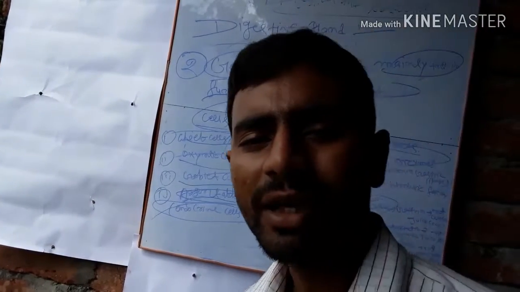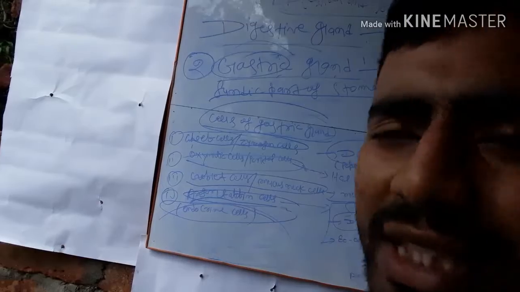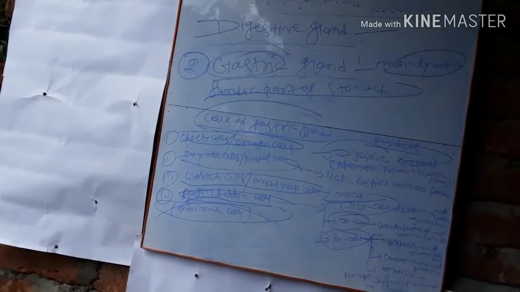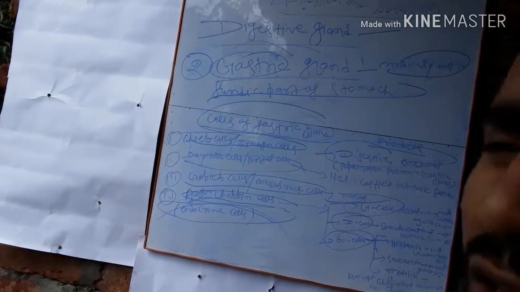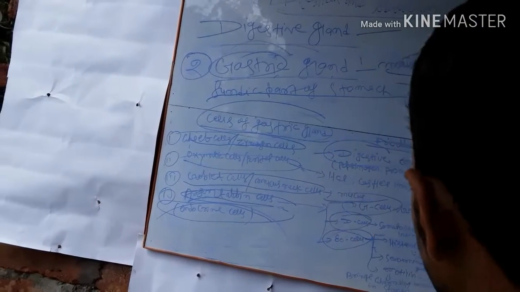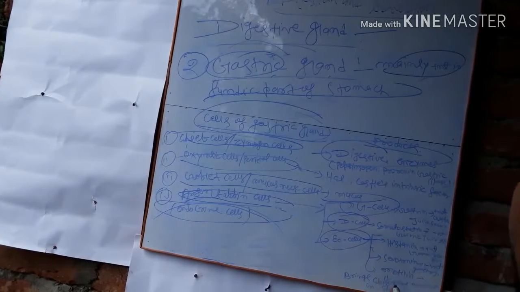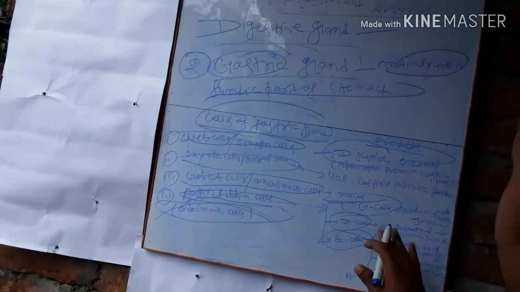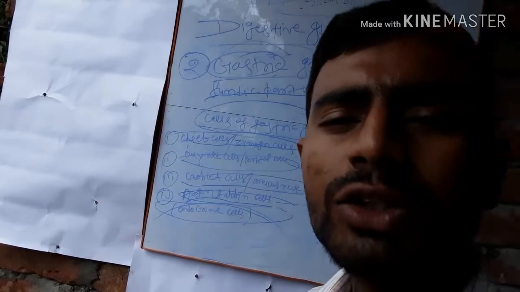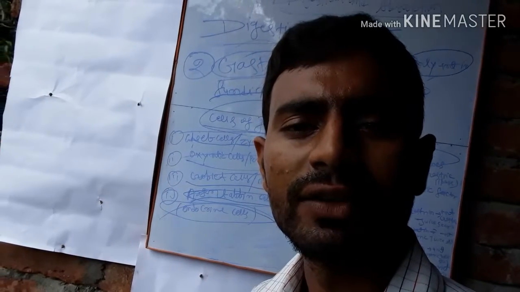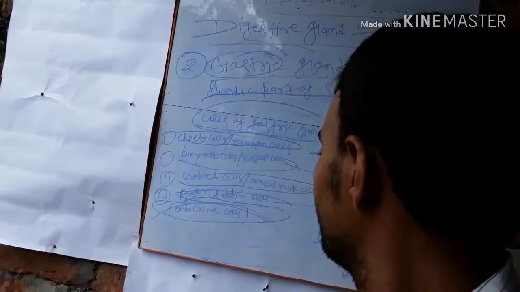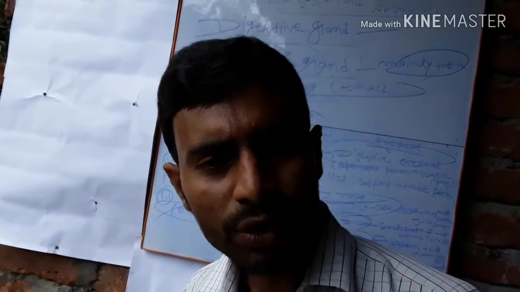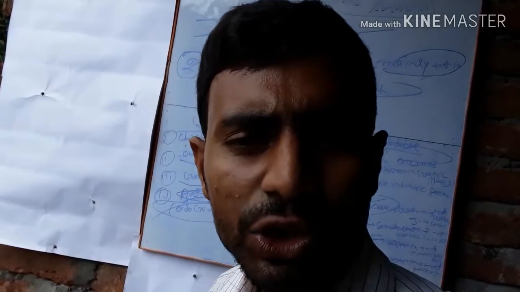G cells produce gastrin, and gastrin promotes gastric juice secretion. Delta cells produce somatostatin, and somatostatin inhibits gastric juice secretion.